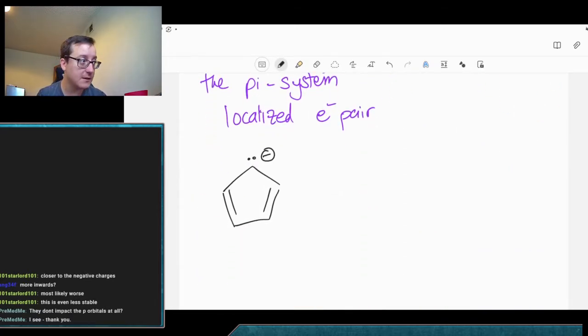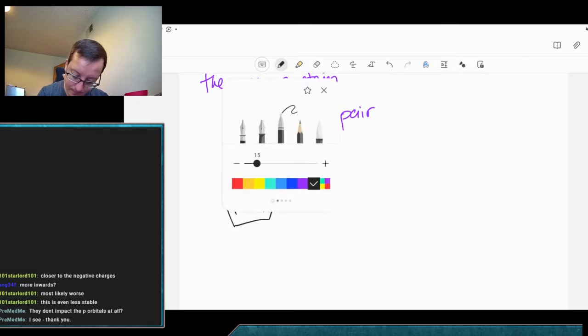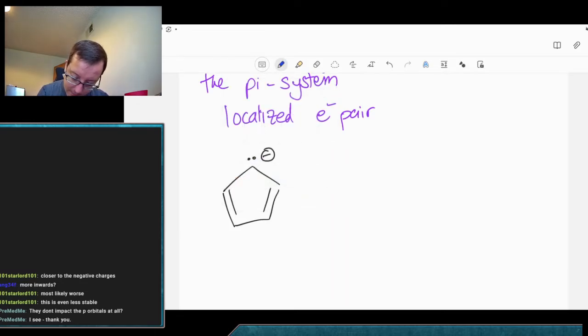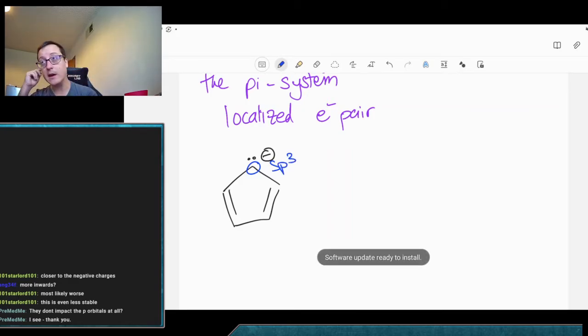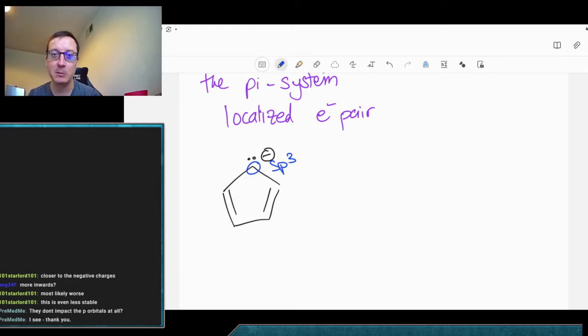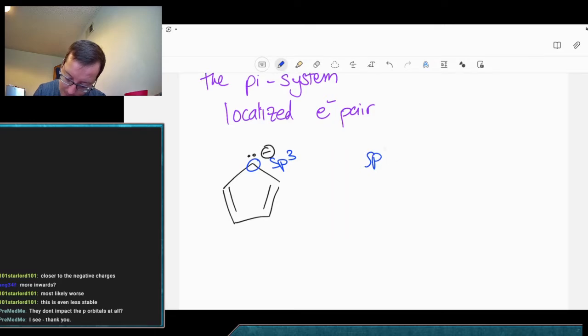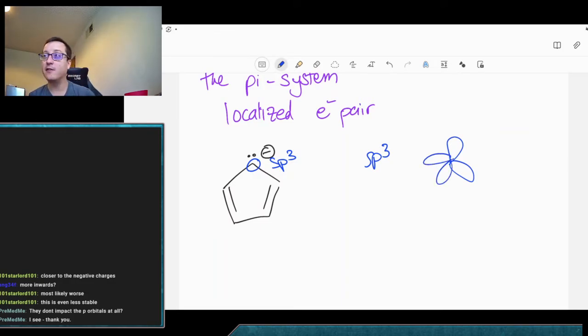So note that this carbon here is sp3, right? So that means that there are indeed orbitals that are geometrically similar. Remember, with sp3 carbons, we have 4 orbitals.